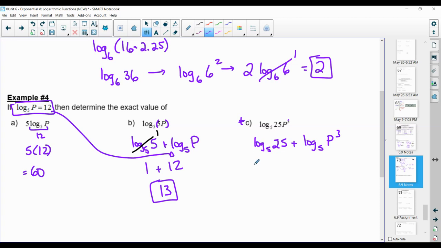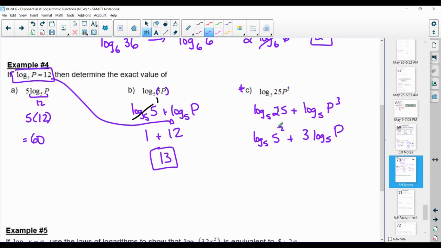Now I can simplify. Again, log base 5 of 25 you can just put straight in your calculator, but I like to do it where I don't need my calculator. So log base 5 of 5 squared plus 3 log base 5 of p. Bringing my 2 forward, I'm going to have 2 log base 5 of 5, which we know is 1.